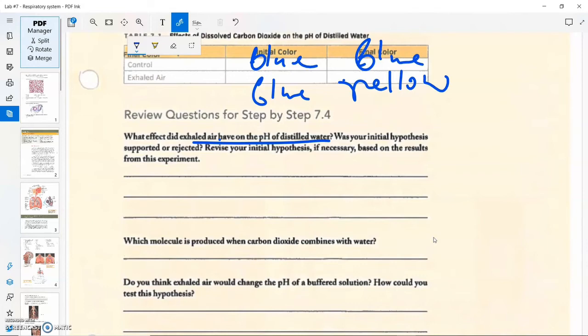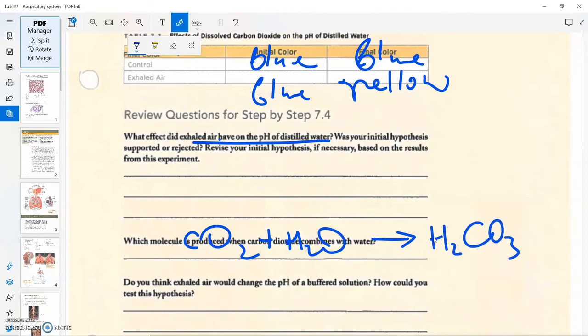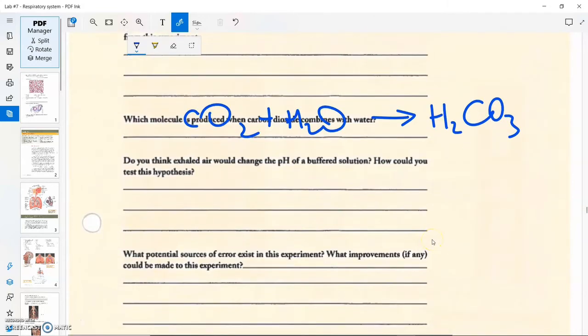So our initial hypothesis that exhaled air is acidic was supported. When CO2 combines with water, it produces a molecule of carbonic acid, H2CO3. Now, if we used not water but a buffered solution, pH would probably not change.